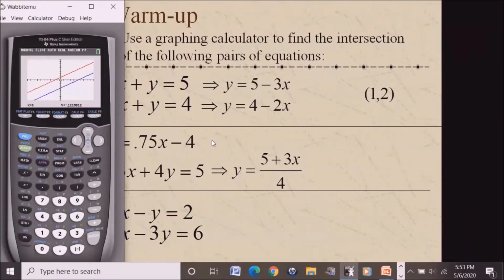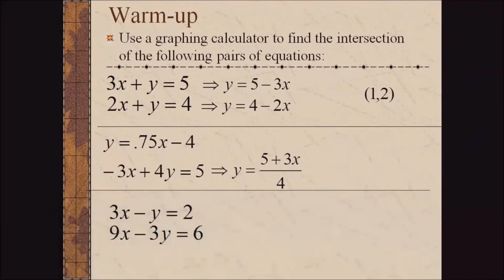The second graph has a slope of 3 over 4, and 0.75 is equal to 3 over 4. Anytime two equations have the same slope, that means those two lines will be parallel. When our two lines are parallel, we will say that there is no solution to this system of equations. There is no xy pair that will solve both equations at once.